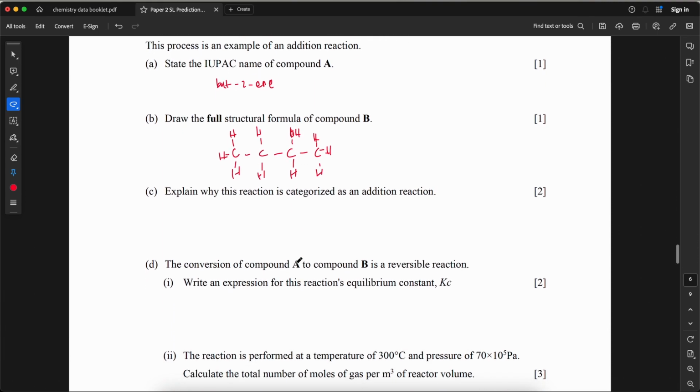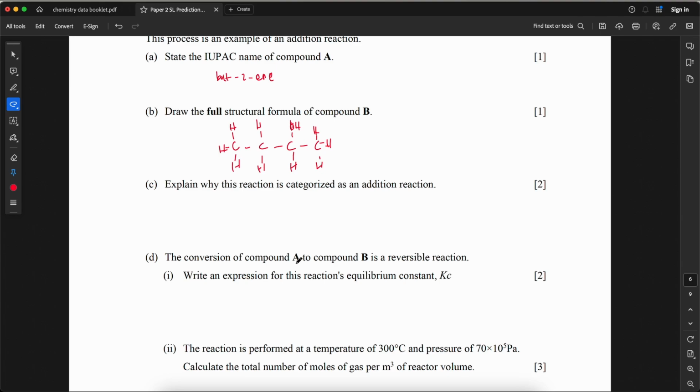Explain why this reaction is categorized as an addition reaction. Because the reaction involves more than one reactant. It means OH and H, and there is only one product, which is butan-2-ol.